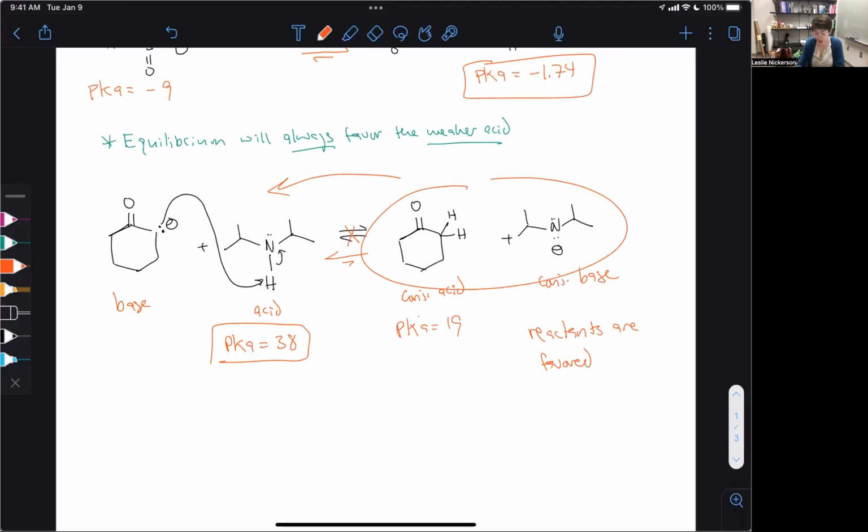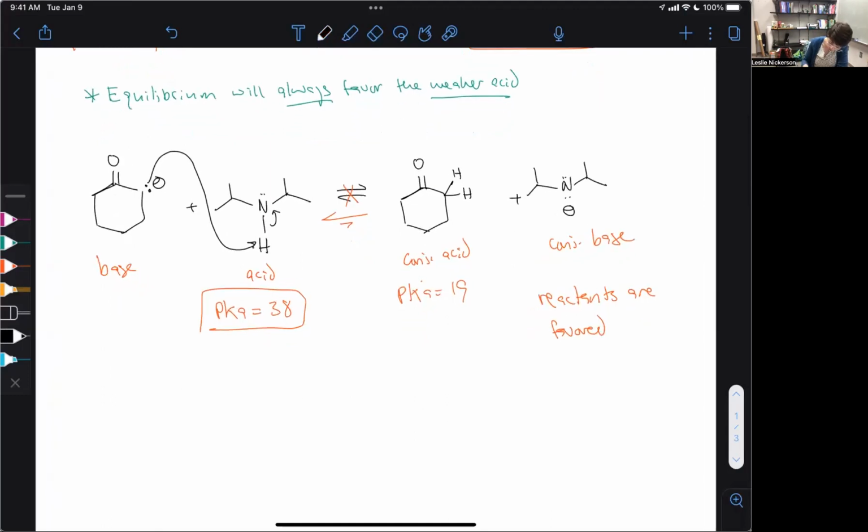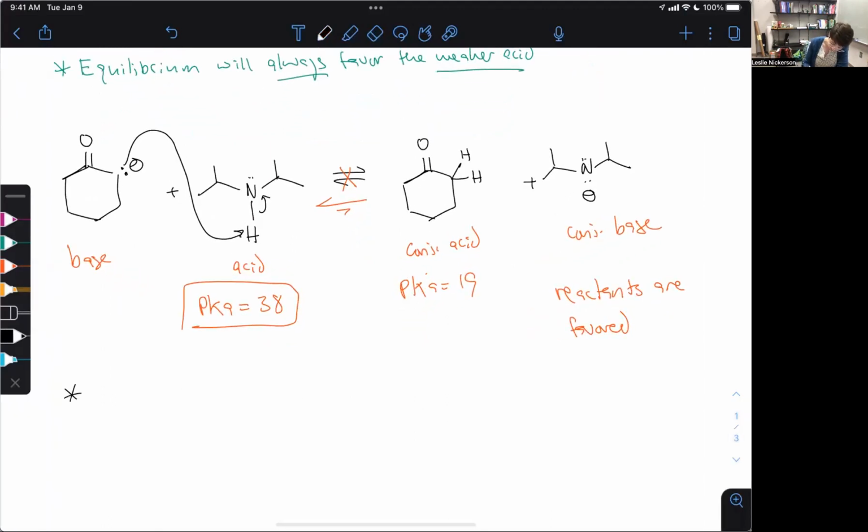Okay, so it really just depends on how you write the acid-base reaction as a whole. So products or reactants can be favored depending on how you set up your reaction between base, acid, conjugate base, and conjugate acid. So just a couple of wrap-up points here. I've kind of said it a few times already, but pKa only belongs to acids.